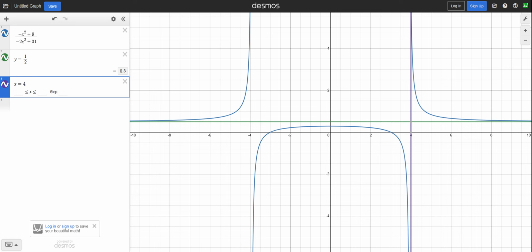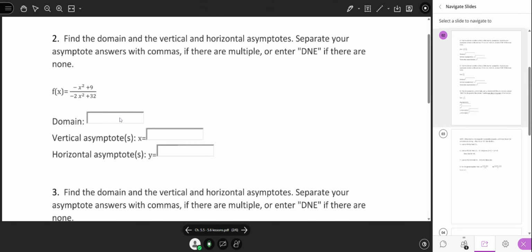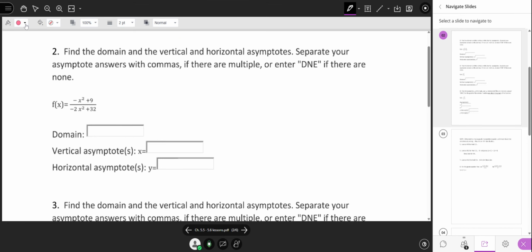Like I said, that was a lot of information. So we've got vertical asymptotes at -4 and +4. And we've got a horizontal at +1/2 or 0.5.